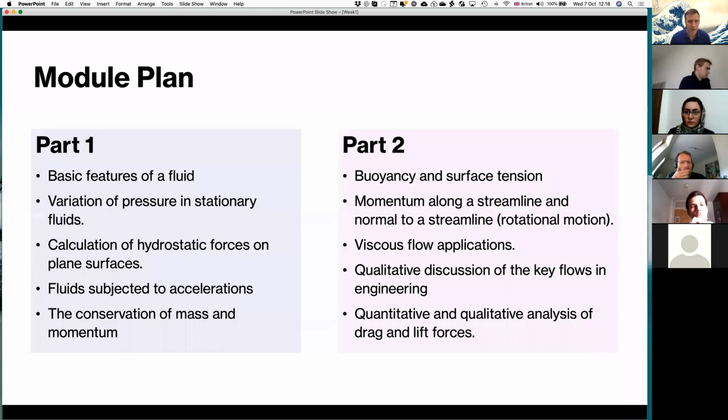As you go through, you will build and progress in complexity, year on year, semester on semester, and it will feed into many of the other modules that you're going to be taught as well. Notably thermodynamics, which I think you have next semester, which follows very nicely from this one.